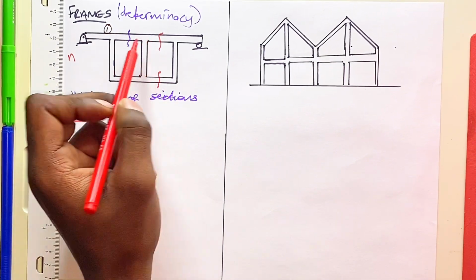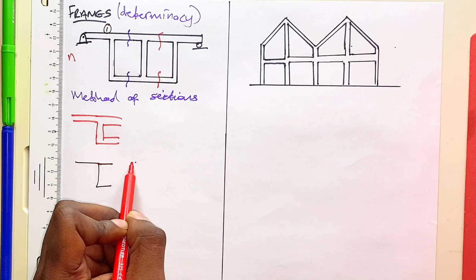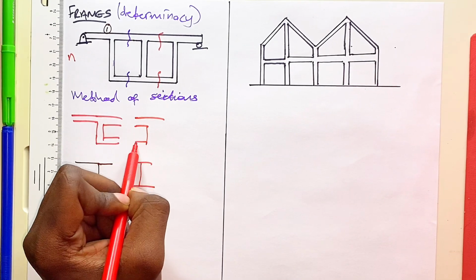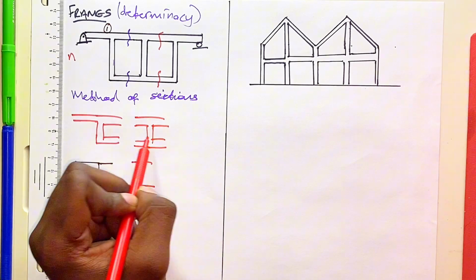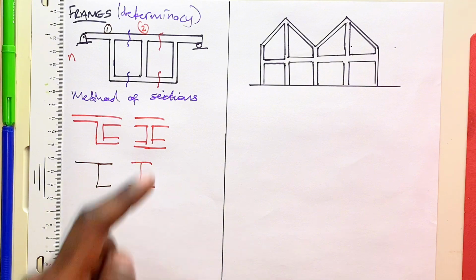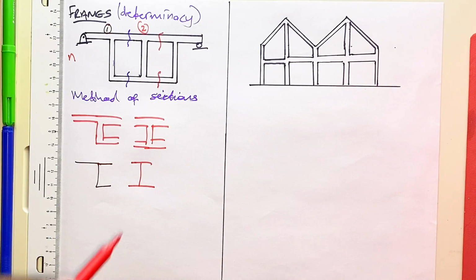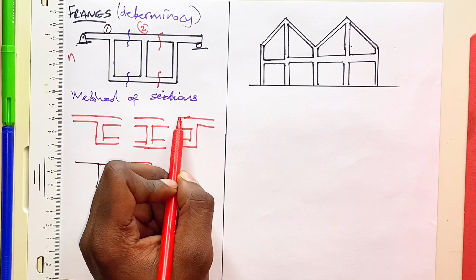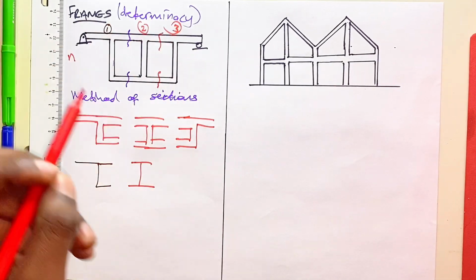This one in the middle, which looks like an I, will be our part number 2. And then the third part on this side, that looks like this, will be part number 3.